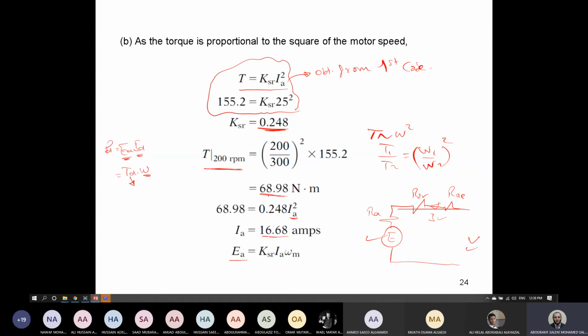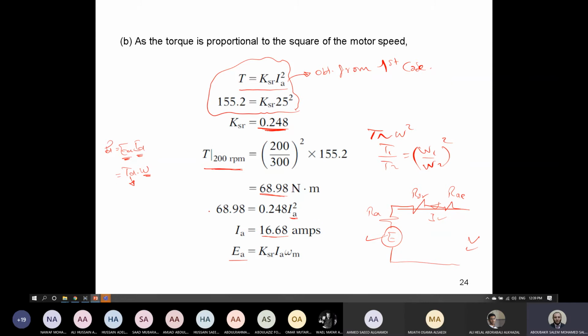So this is now the value of torque. It's 68.9 Newton meter. For now, we have the value of torque. We can calculate the power because we have torque and omega. And also we can calculate current from torque. So simply we can say that torque equals K series multiplied by IA squared.